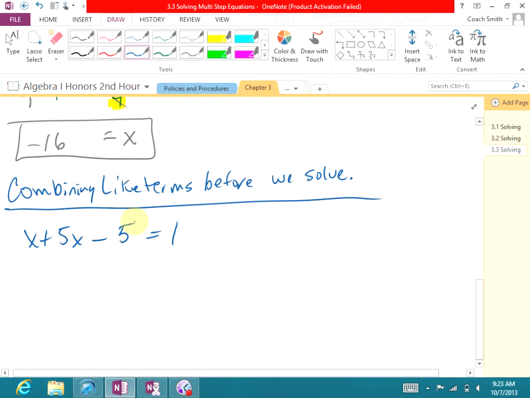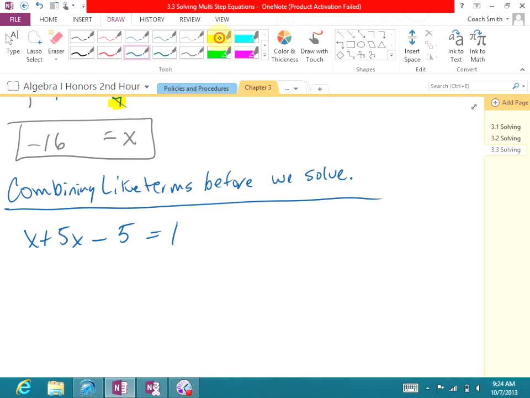Okay, now, on the exam, some of you are still having struggles with this. You've got to get it down. It's not going to go away, as you can tell. Okay, what are the like terms in this problem? Caleb? X and 5x. Okay, I have 1x and I have 5x's.